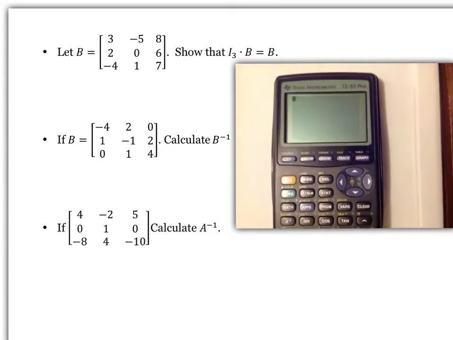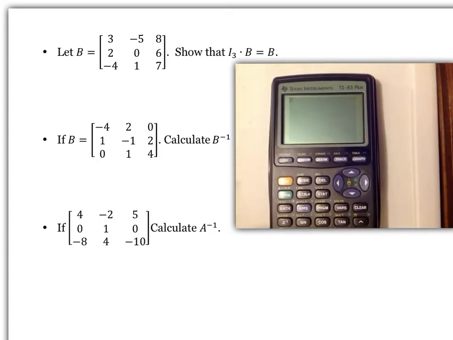So let's take a look at some inverse matrices. First thing we will look at is matrix B, and we want to show that a 3 by 3 identity matrix times B will be the same as B. So we go into our matrix function, and we will edit matrix A to be a 3 by 3, and we'll make it an identity matrix.